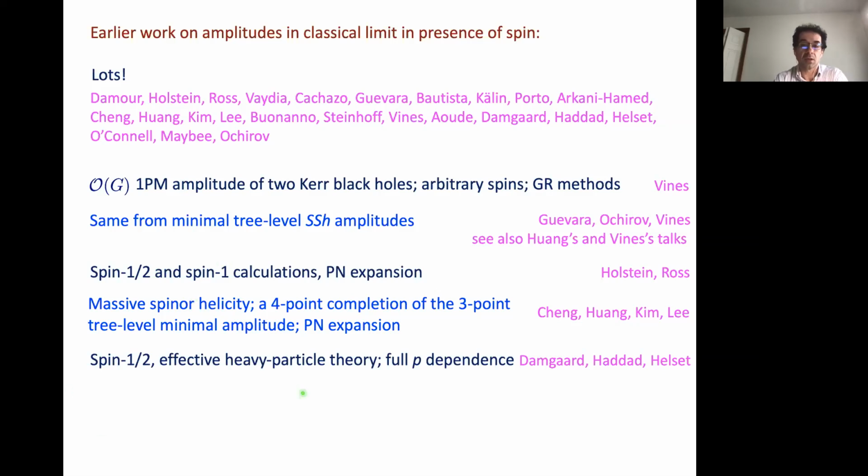Then there is work involving massive spinor helicity and other techniques, again to compute four-point amplitudes of such particles. And last but not least, there is a spin-a-half calculation of the scattering of two particles in the heavy particle effective field theory, which does contain the complete momentum dependence. So one might call this the second order in the post-Minkowskian expansion of the scattering amplitude of two such particles.